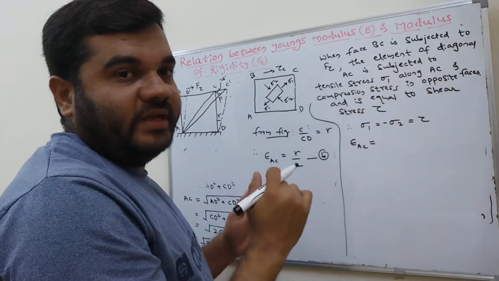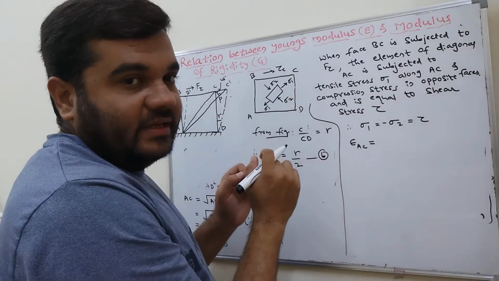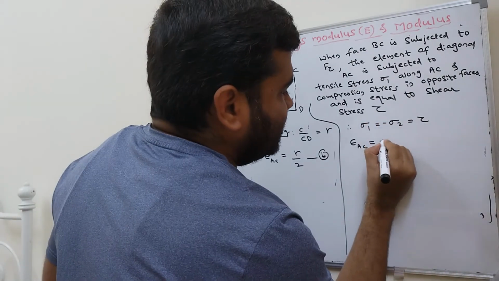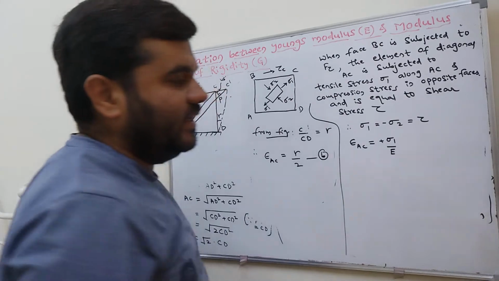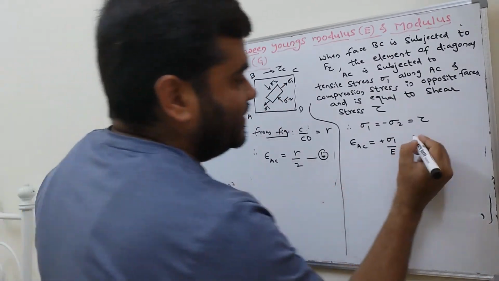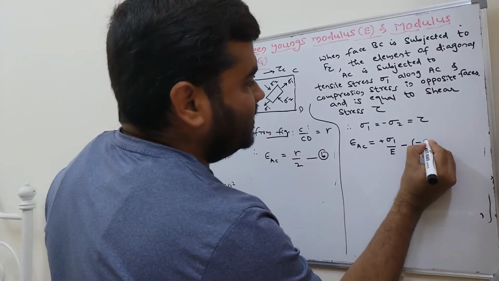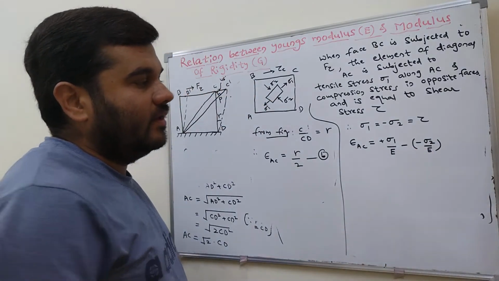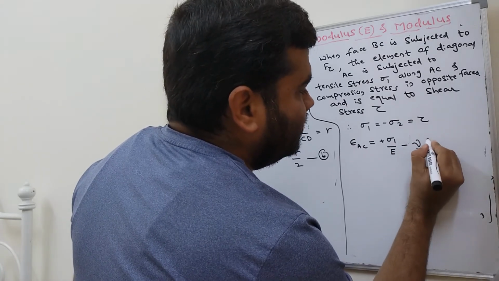In the previous video we used it many times: stress by E. Sigma 1 for tensile, plus sigma 1 by E, minus in opposite direction, because it is compression, minus sigma 2 by E into nu.